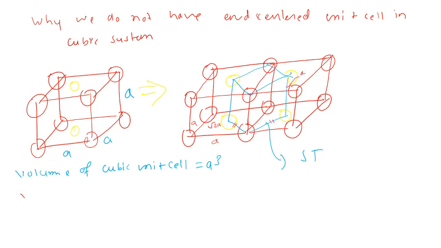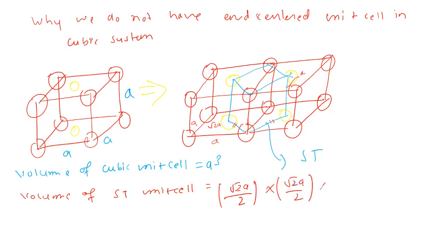So the volume of the simple tetragonal unit cell will be root 2a by 2, times root 2a by 2, multiplied with a. Finally we will have 2a cube by 4, that means a cube by 2.